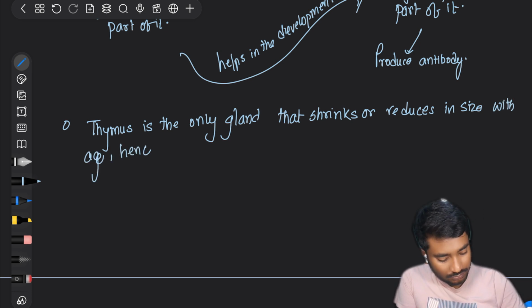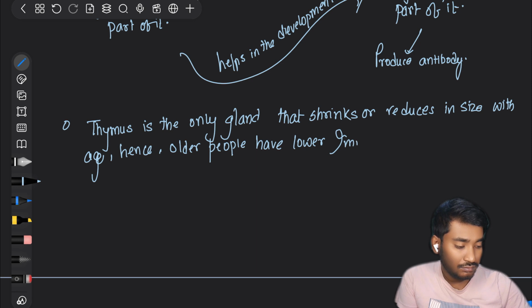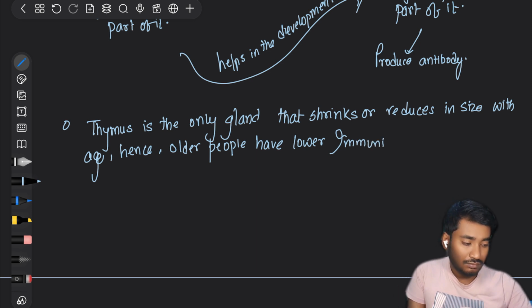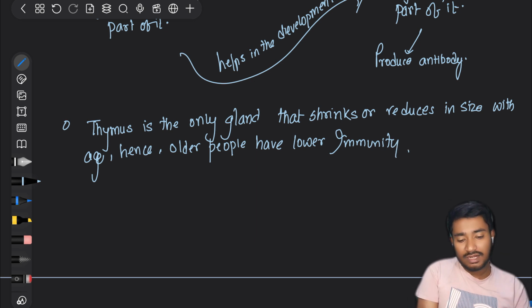Hence, older people have lower immunity. Now come to the next part.